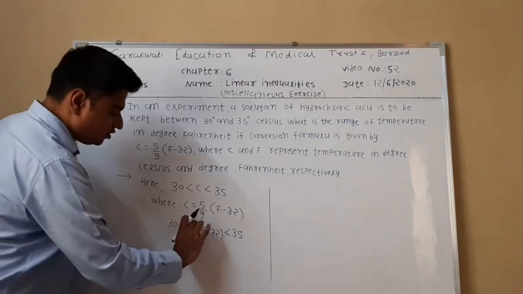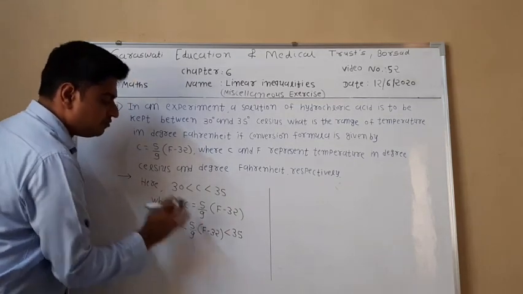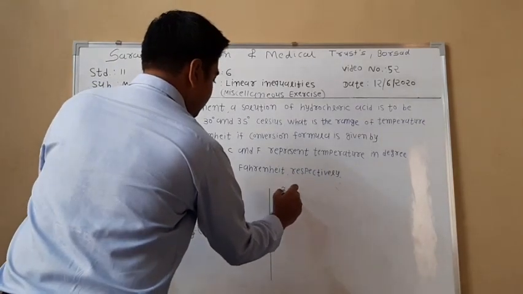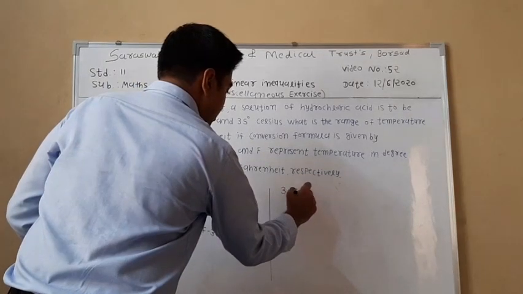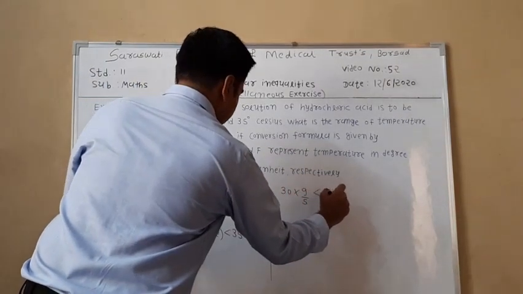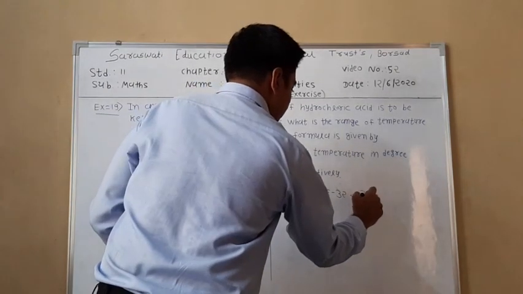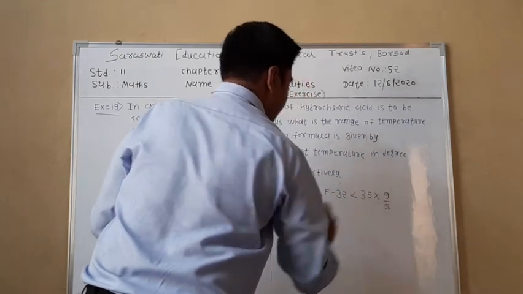Now first of all remove 5/9. On both sides multiply by 9/5. So we can write 30 × 9/5 < F - 32 < 35 × 9/5.